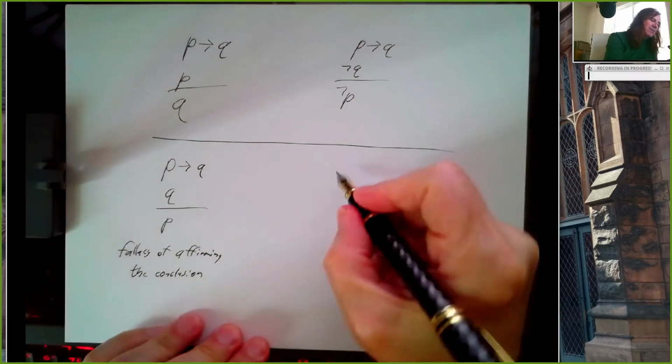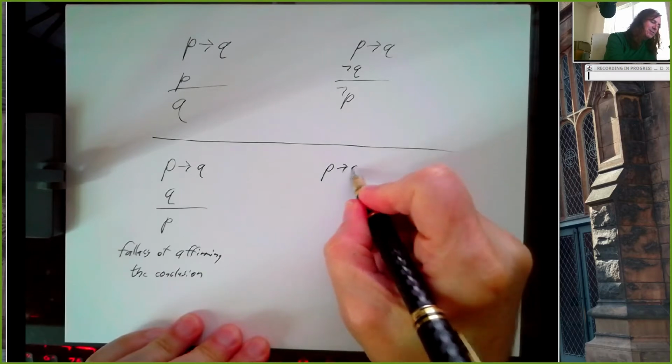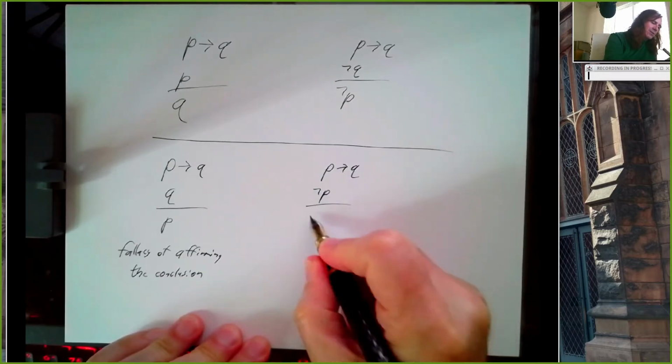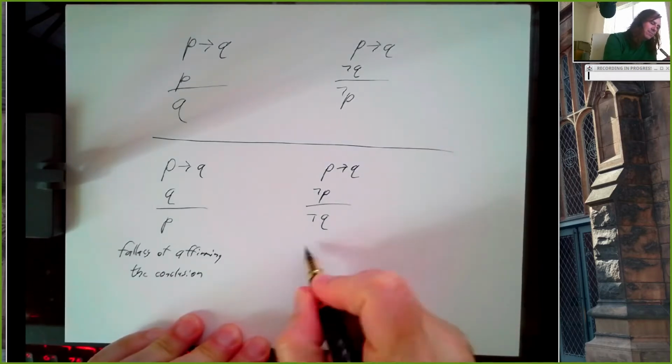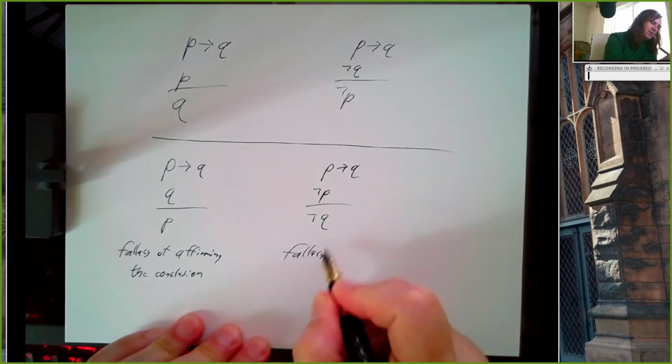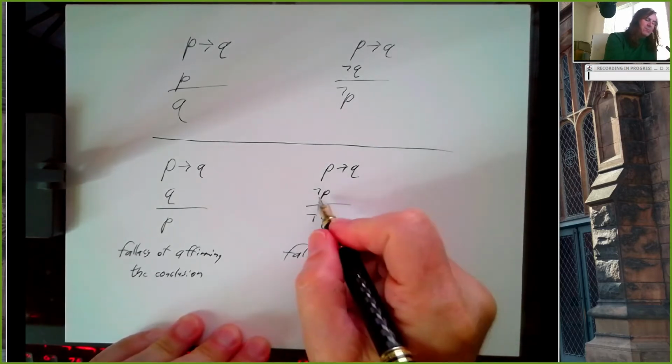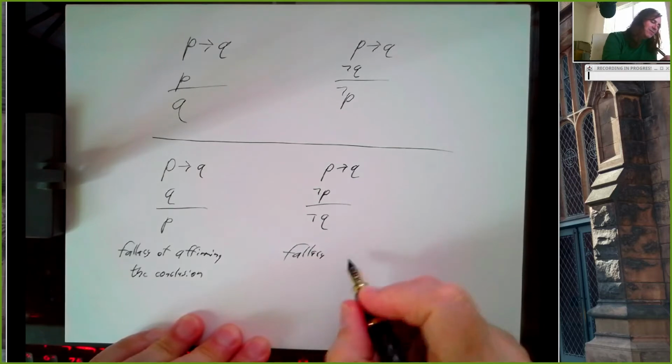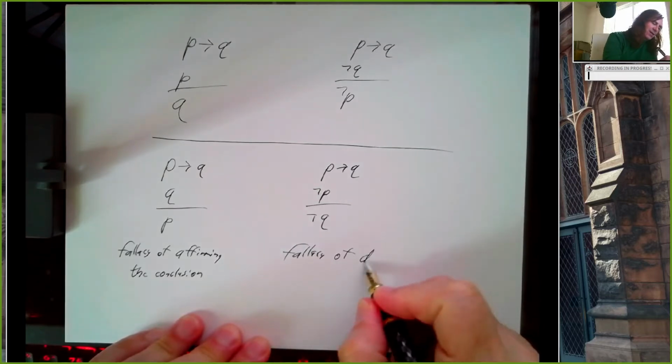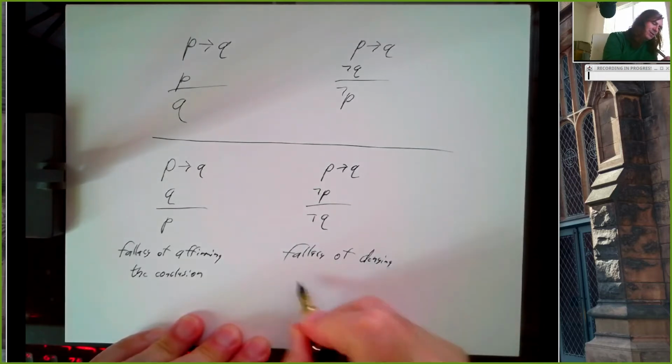And the other fallacy is denying the hypothesis, and it looks like this. Here we say if P then Q, but P is false and therefore Q must be false. So that's the fallacy of denying the hypothesis.